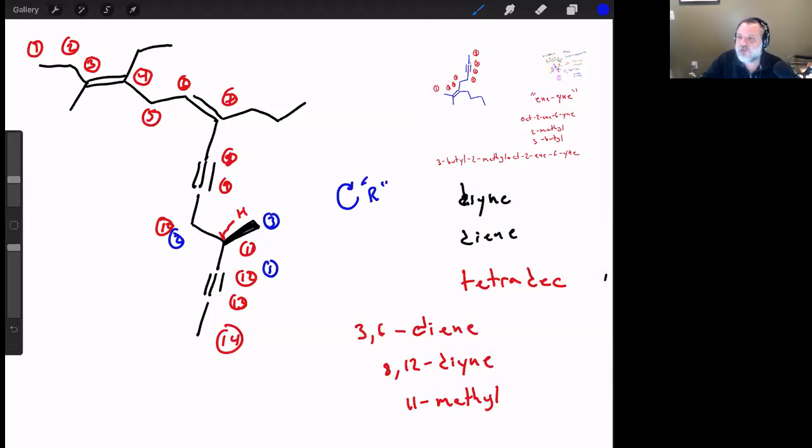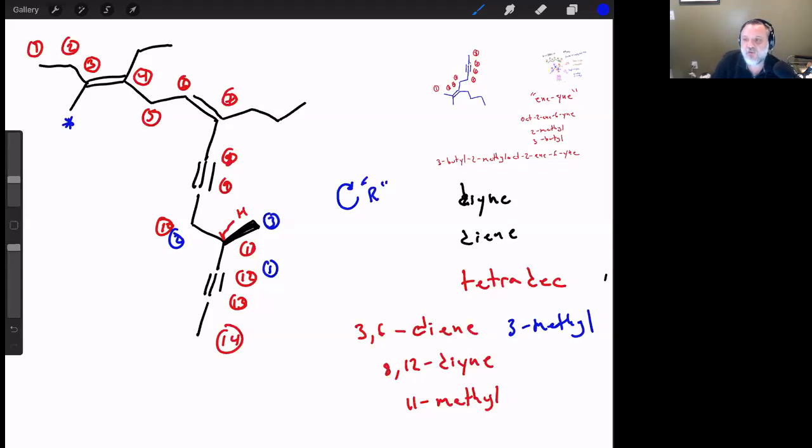Professor, wouldn't there be a methyl at number 3 as well? Yep, I'm going to get to that in just a second here. So the other question, so let's go ahead and write that down. 3 methyl. Thank you. Another question was asked, if you want to get to the double bond the fastest, why wouldn't you start from the bottom carbon? And I think that means you're thinking about this carbon.